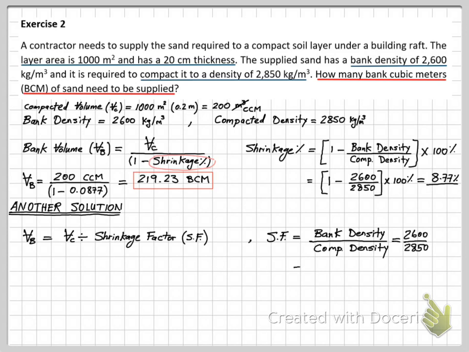Once you plug in the values, you end up with 0.9123, and then plug in this value to relate VB and VC, you end up with the same answer, 219.23 bank cubic meter.